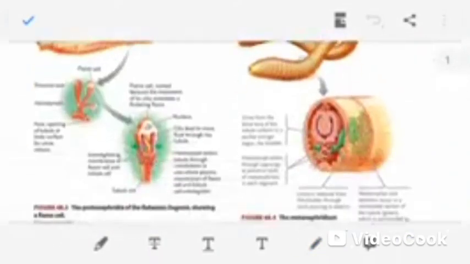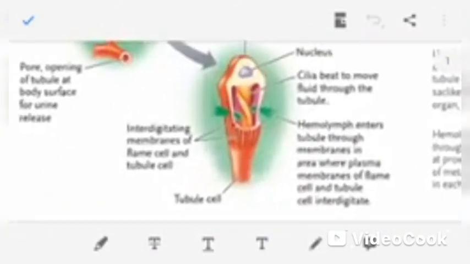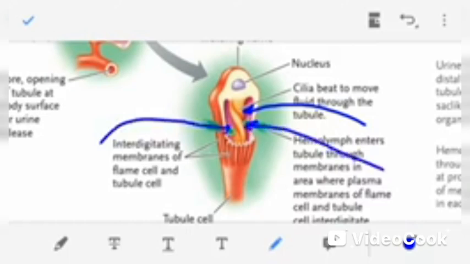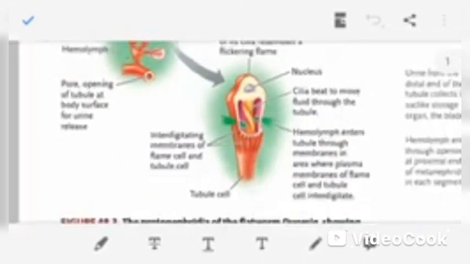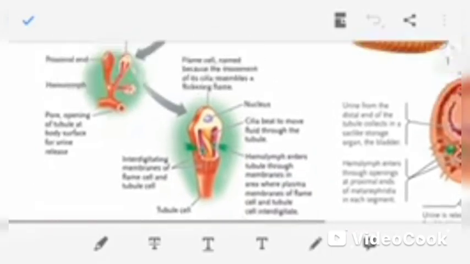Here you can see, these are the cilia and they are continuously beating. So this is the hemolymph and the fluid is drawn into the flame cell. Now the fluid passes into this tubule. So now filtrate fluid from hemolymph has entered into the tubule.